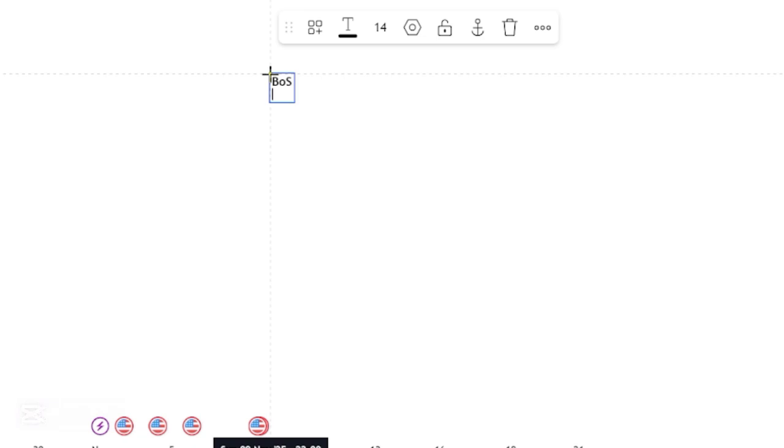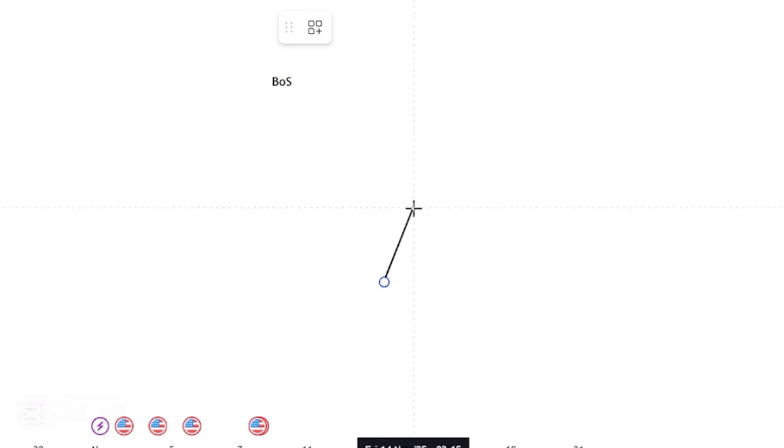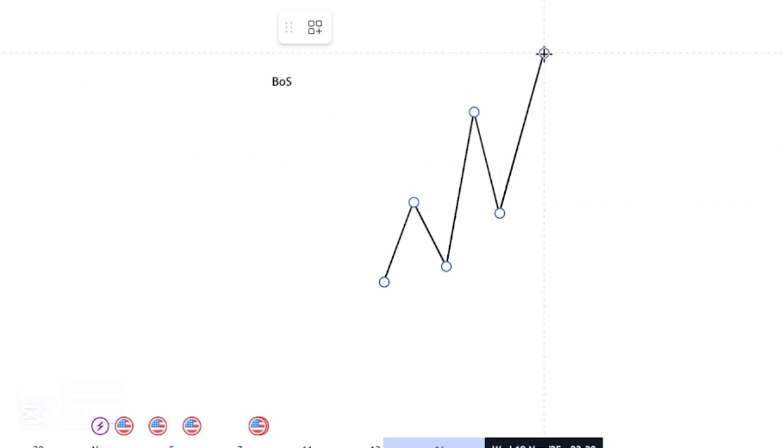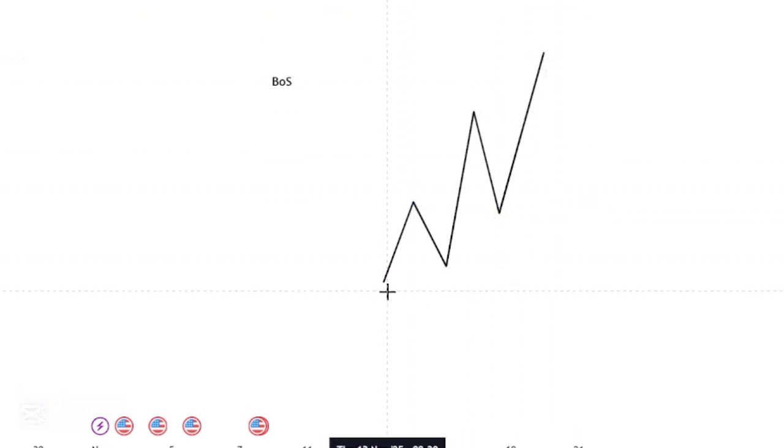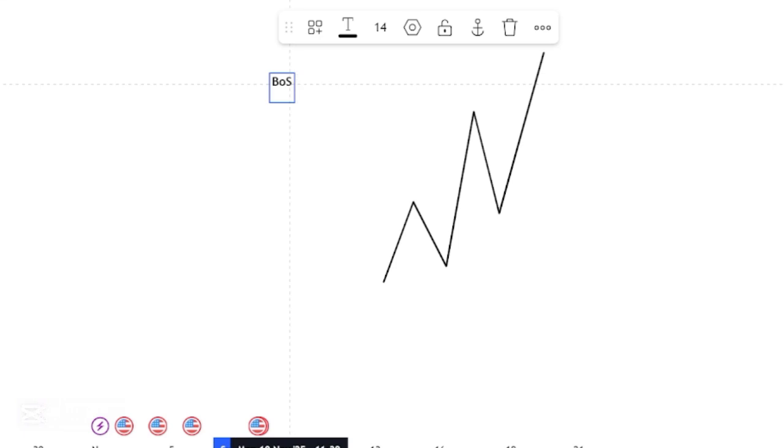When price is giving you higher high, higher low, higher high, higher low, we call this an impulsive move, and this a corrective move. Impulsive, corrective, impulsive. So I want to see a higher high, which is a break of structure, then I want to see correction, which is the corrective move.